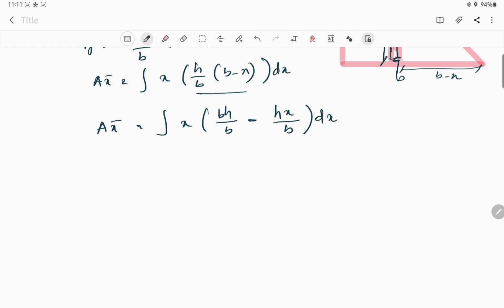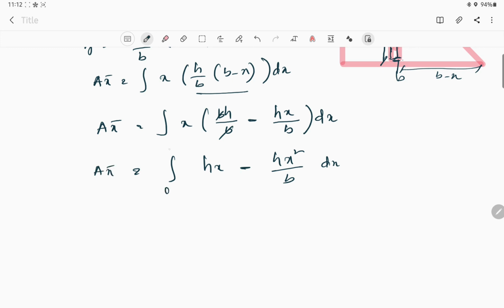Okay, we have solved this multiplication. Then multiplying with x, we cancel b and b, so hx minus hx square by b, and here dx. So this is A x bar.